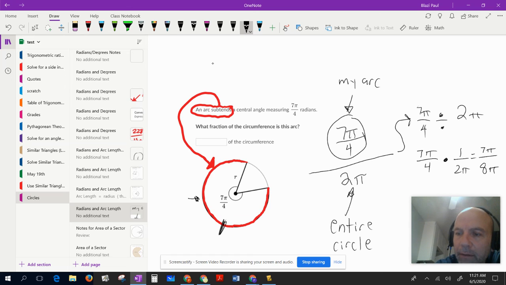And then we can see that the pi's cancel out. So my fraction is 7/8. It's 7/8 of the circumference. That looks right, doesn't it? That red arc around the outside looks like 7/8 of the circle. This makes sense, okay? Hoping this video is very helpful for you guys.